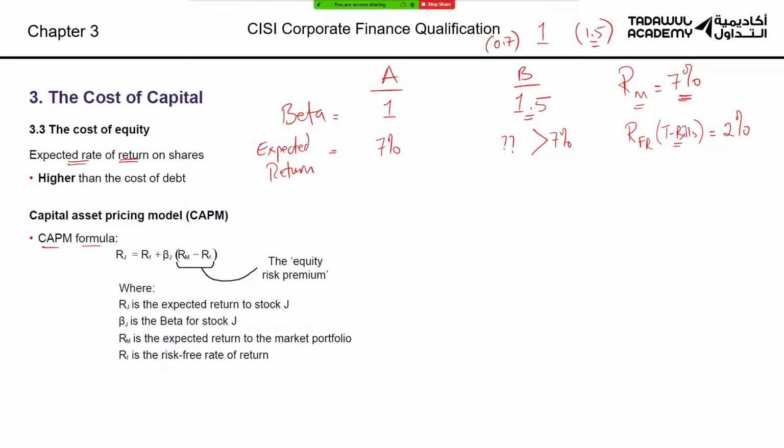So if I have a beta given to me and the return of the market, the index, the broad market, 7%, and treasury bills, which are a risk-free investment, getting me 2%, can I get what the expected return on stock B is? Yes.